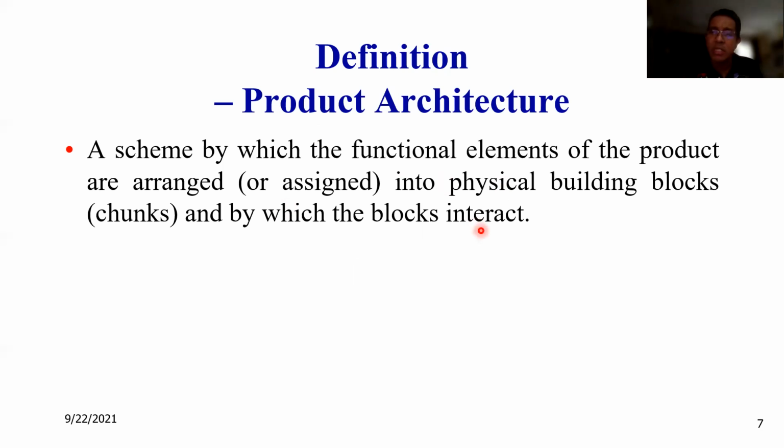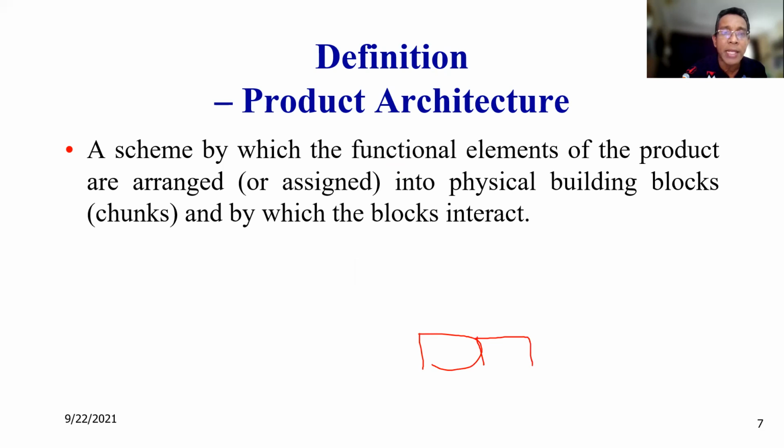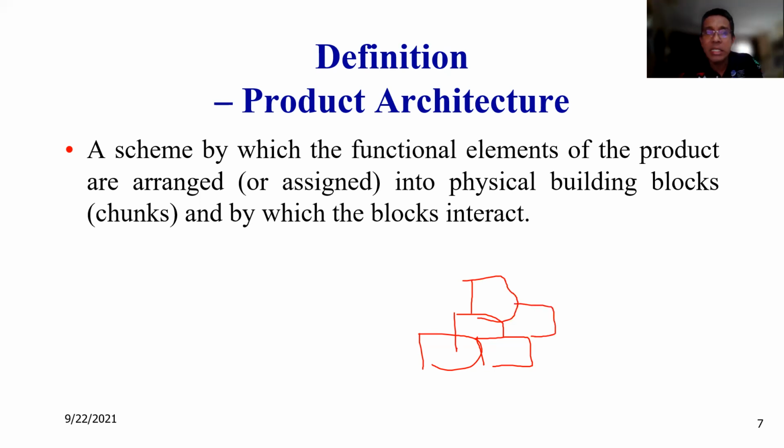The physical elements of the product are typically organized into several major physical building blocks, which we call chunks. Like when you play a puzzle, you have blocks, and you can combine them. So there is a chunk, a physical block. A product is typically organized in several major physical building blocks, which are called chunks.